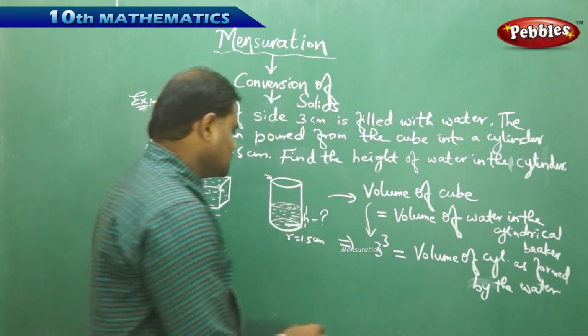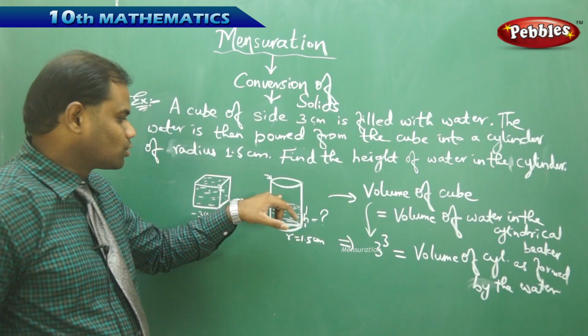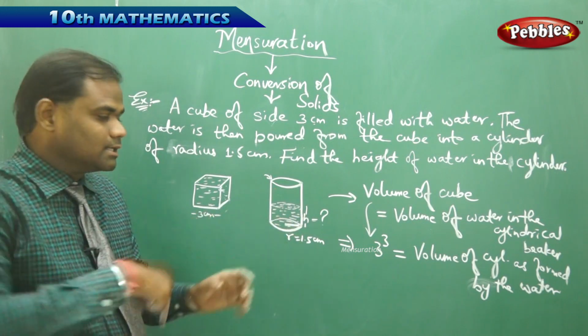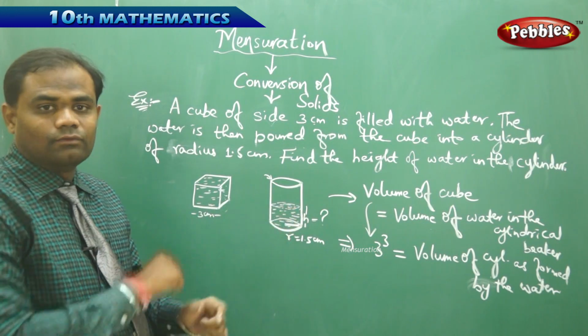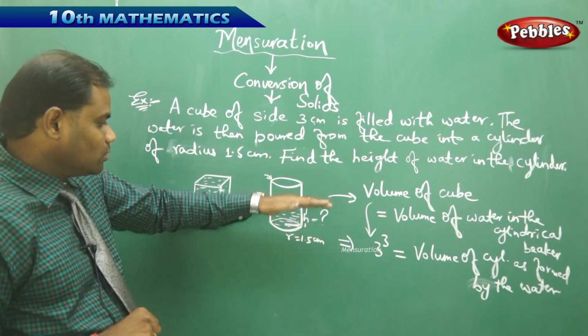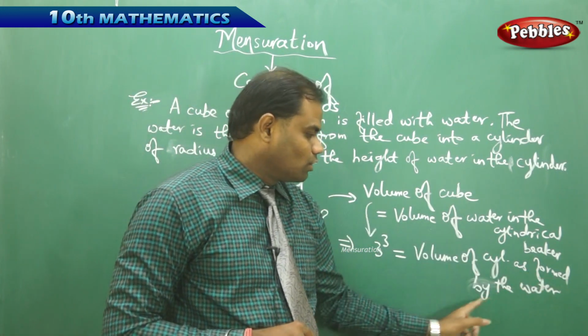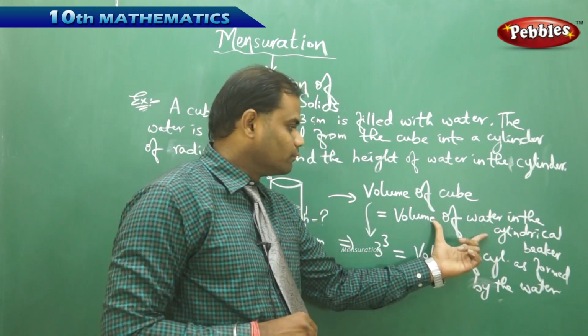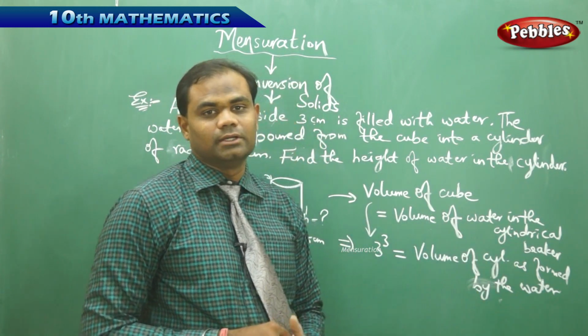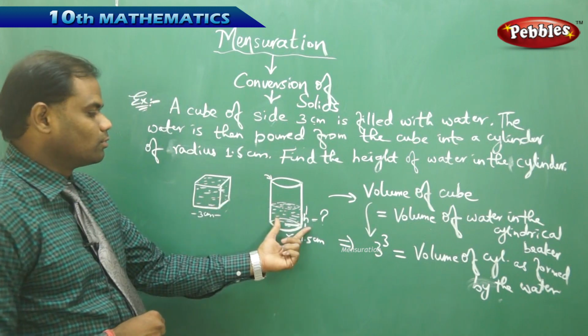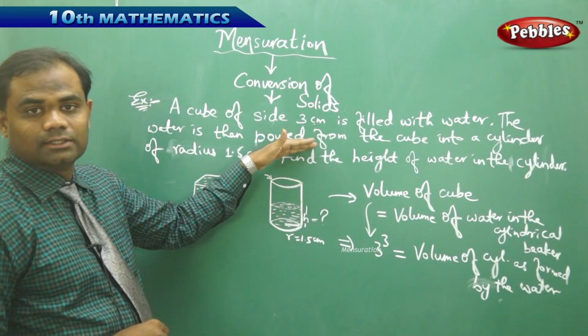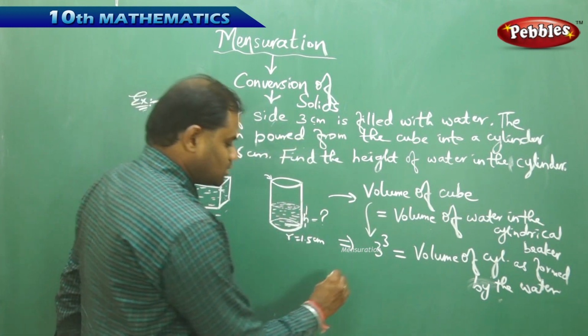We do not consider the volume of the cylinder which is occupied by air, but we consider the volume of cylinder which the water forms. So only the water part is considered, that is the volume of cylinder as formed by the water is the only volume considered in the cylindrical beaker, because this is the water poured in. Air is ignored.